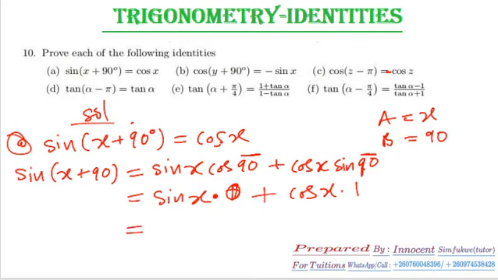What is 0 times sine x? That's 0, plus. Then what is 1 times cos x? That's cos x. Then 0 plus cos x is cos x. So just by doing this, you have proved that the left hand side is equal to the right hand side. It's equivalent.